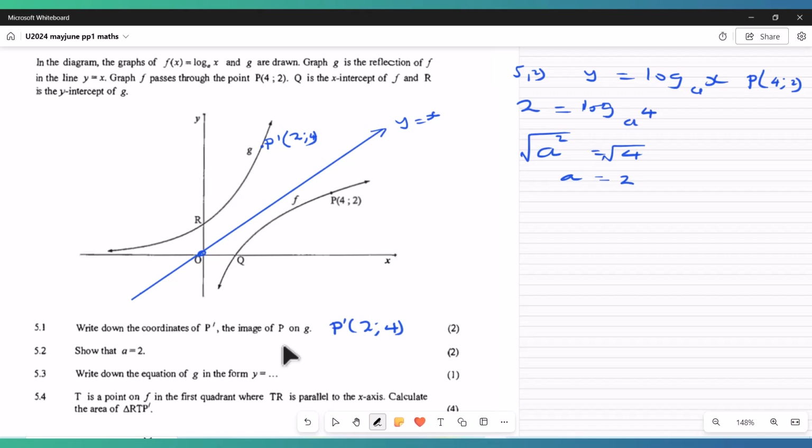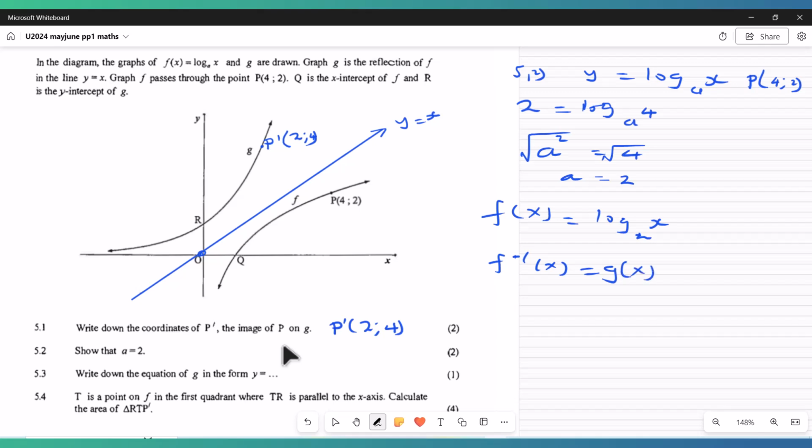Okay, next question. Write down the equation of g in the form y equals. Now our g is the inverse of f in the line y equals x, and our f is logarithmic. From our theory, we know that the inverse of logarithmic is exponential and vice versa. So because our f of x is log base 2 of x, to get our f inverse, which in this case is g of x, we just change it to exponential.